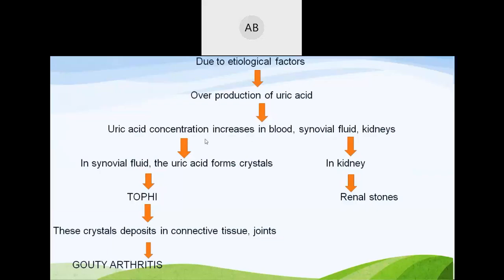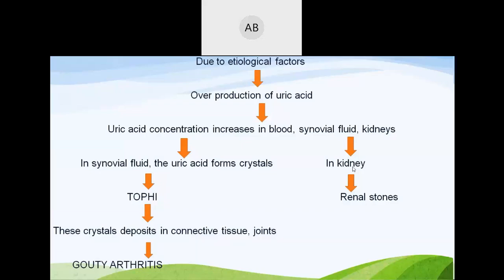Next, when the uric acid concentration increases in the synovial fluid, the uric acid will form crystals. Those crystals of uric acid are referred to as tophi. These crystals start to deposit in the joints and connective tissue, and that is why you will develop the clinical manifestations of gouty arthritis or gout.